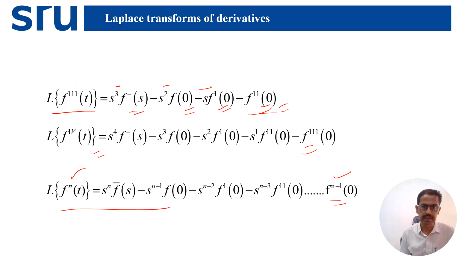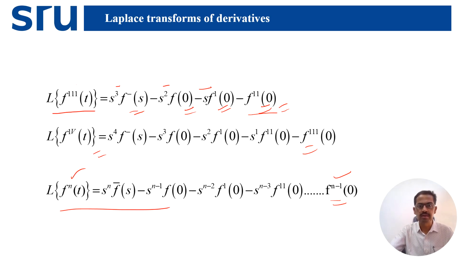The s power decreases: n, n minus 1, n minus 2, n minus 3 and so on. Now with s power 4, s cube, s square, s power 1, s power 0, the derivative order also goes with it. This is about the Laplace transform derivatives formula.